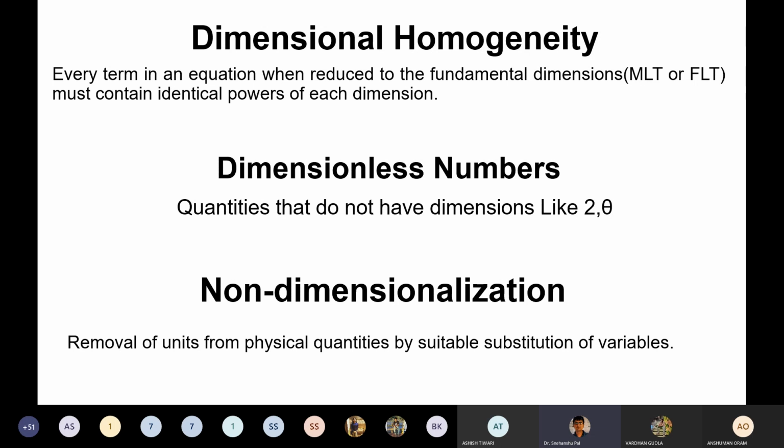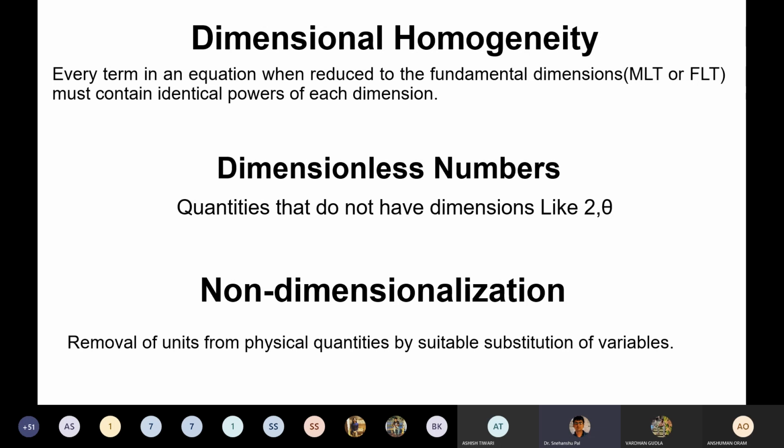Non-dimensionalization is the removal of units from physical quantities by suitable substitution of variables, because you have to substitute the variables by a suitable MLT configuration. In order to do that, you have to remove the units. And how to remove the units?